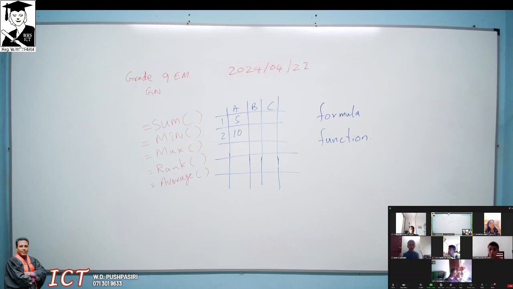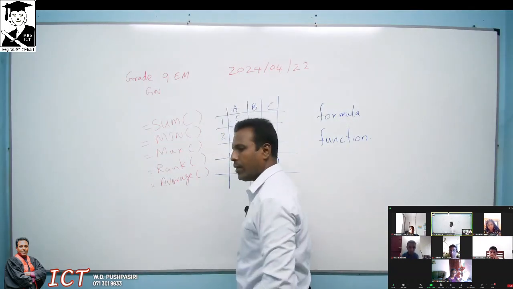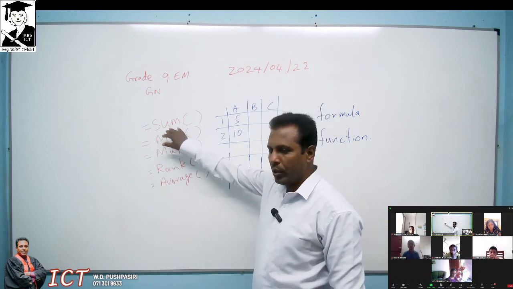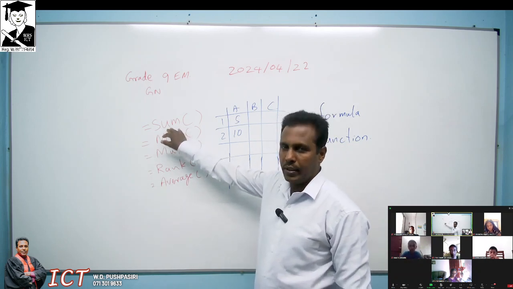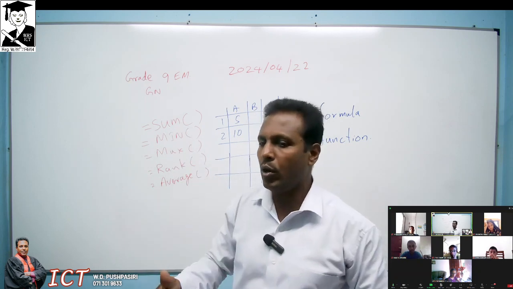These are what we call functions. Why do we call them functions? Because this is already programmed. We do not have to do anything. It's already programmed and saved in a name, and we are going to use that.